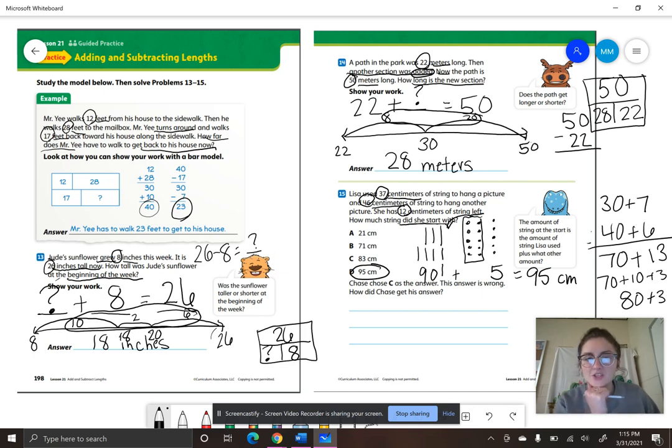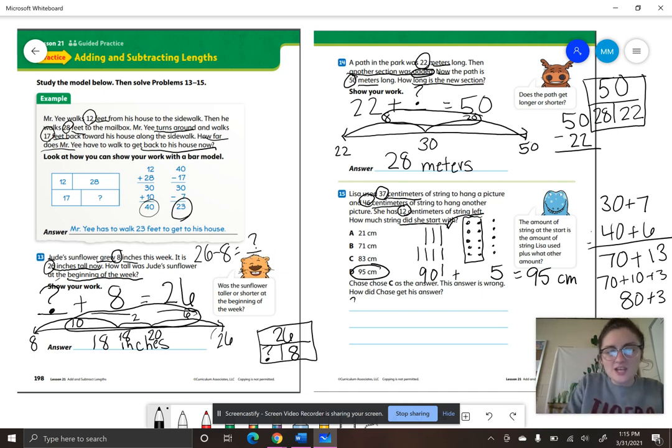What did Chase do? He only added the first 2 parts. He forgot to add what? The 12 centimeters, because those 3 parts would tell us how much he had all together. So what did Chase do, Smarties? He only added 37 centimeters and 46 centimeters.